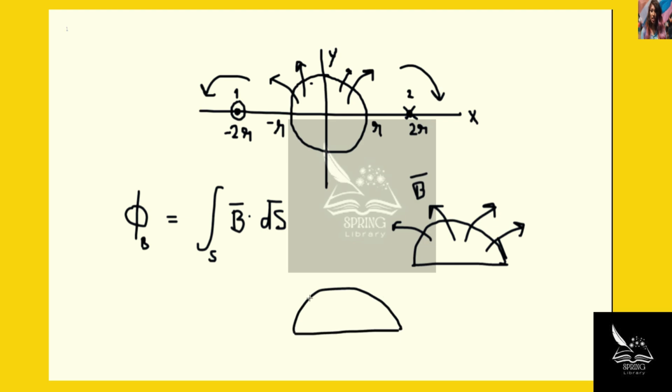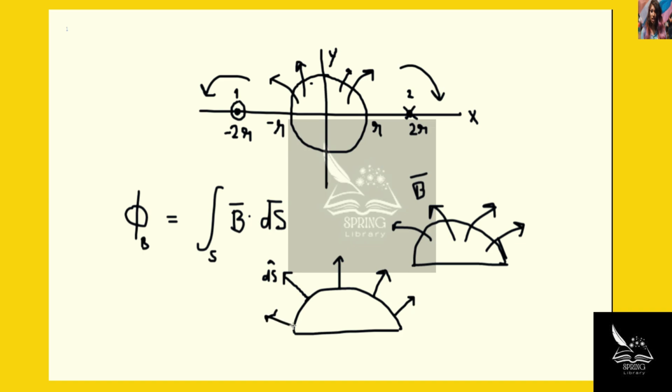Imagine taking a small section dS on this. The dS vector is the area vector, which is going outwards, and that's true at all the points. At all the points, the area vector is always outwards, always normal to the surface.